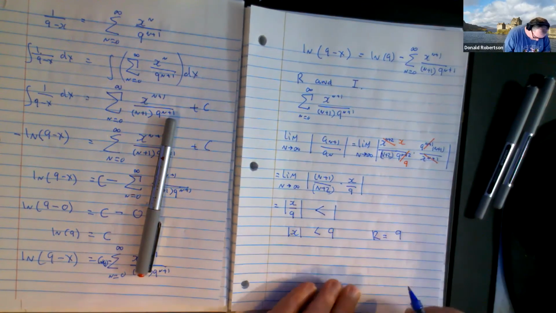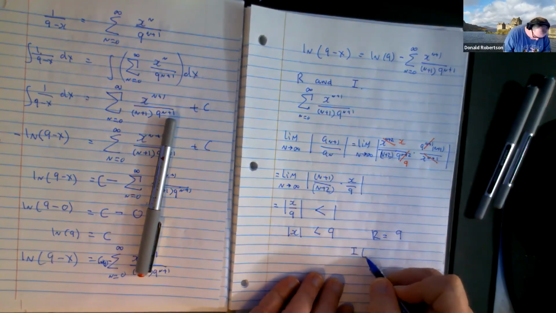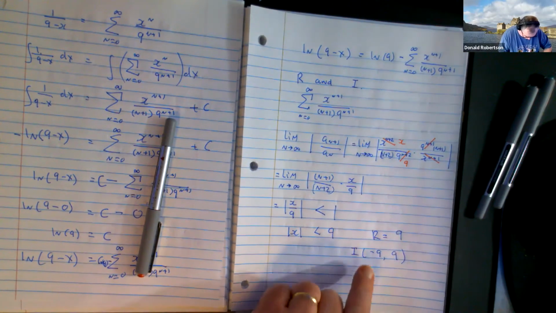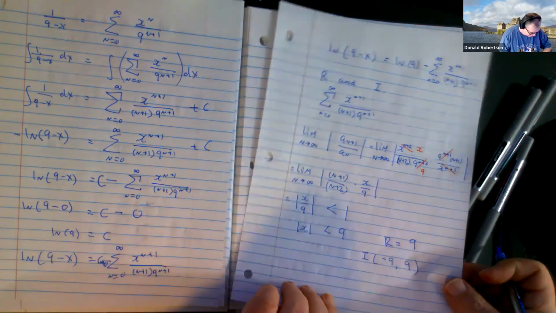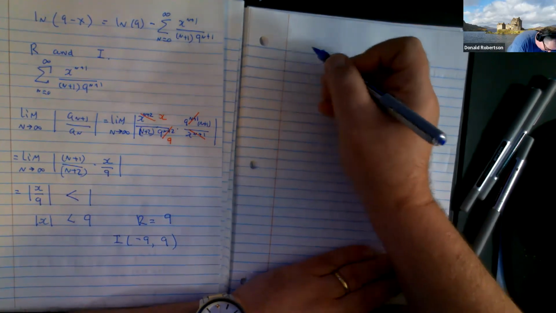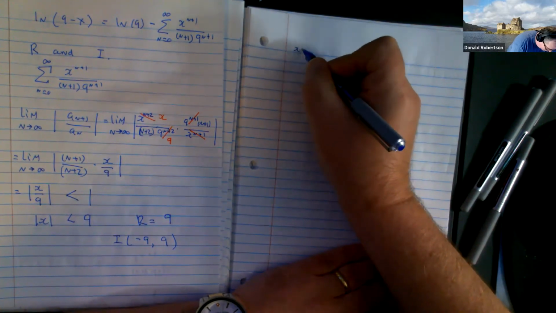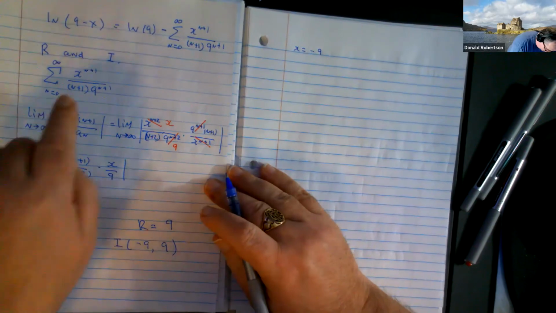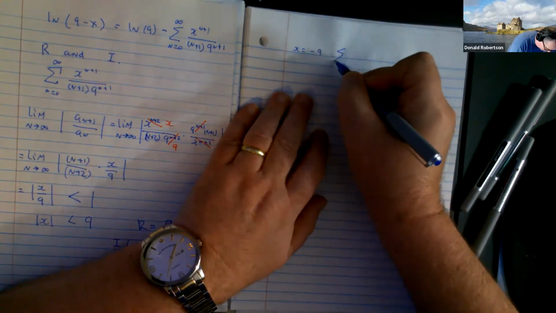The interval of convergence is going to be in that range, but it may or may not use the endpoints, which means we have a second extra piece of work, and that is to look at the endpoints. That's at -9 and at 9. Now, if you plug in x equals 9 into this power series, you get the sum from n equals 0 to infinity.